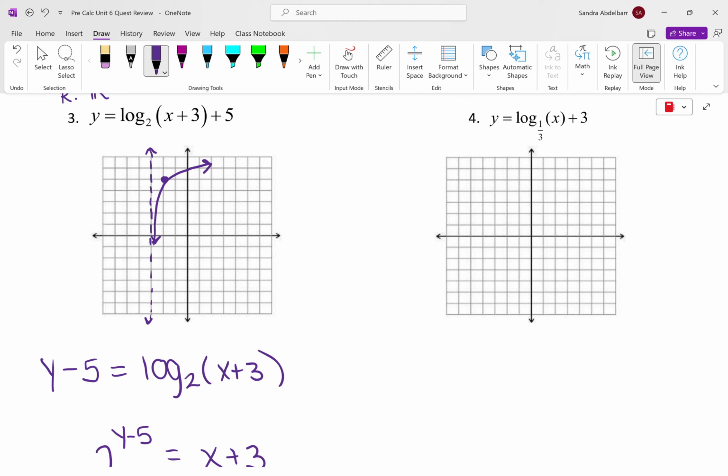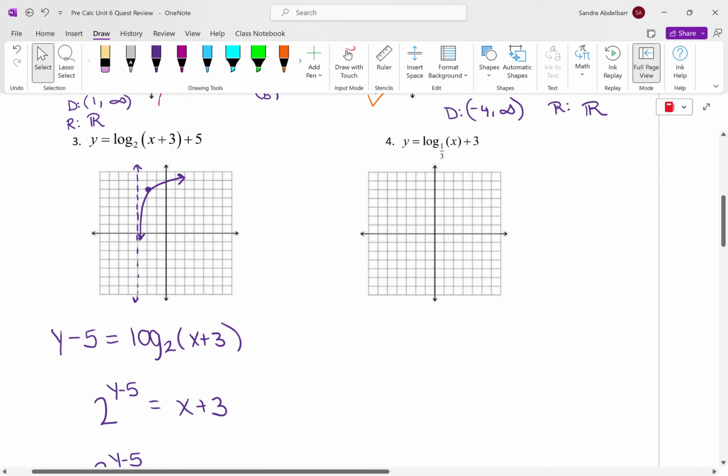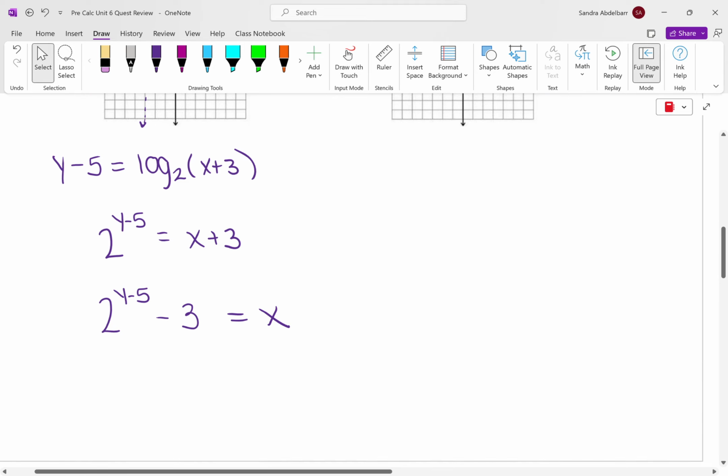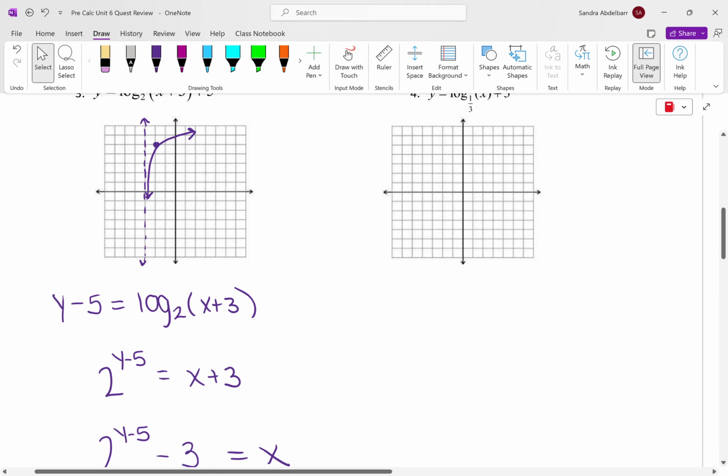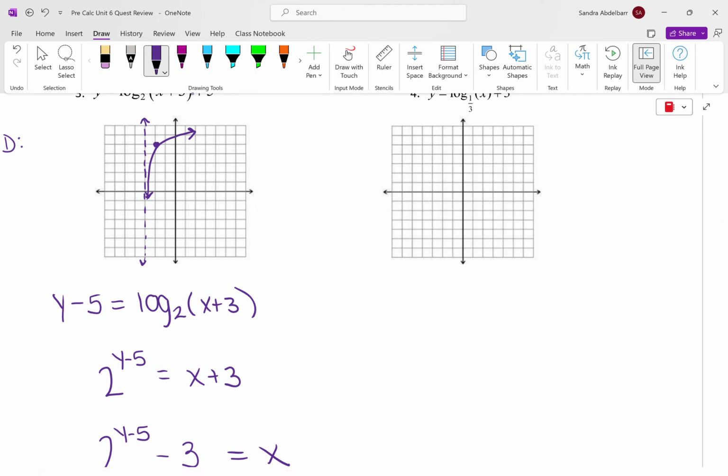How many people got that? Okay. And, sorry, domain and range. The domain here is going to be -3 to infinity, and the range will be all real numbers.